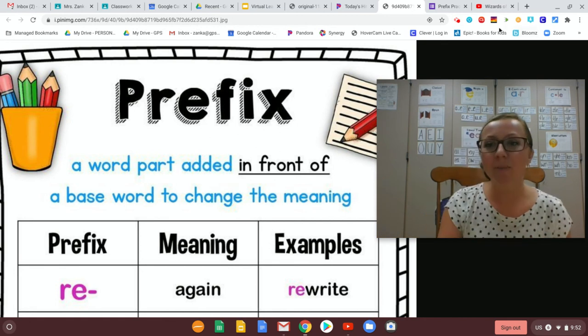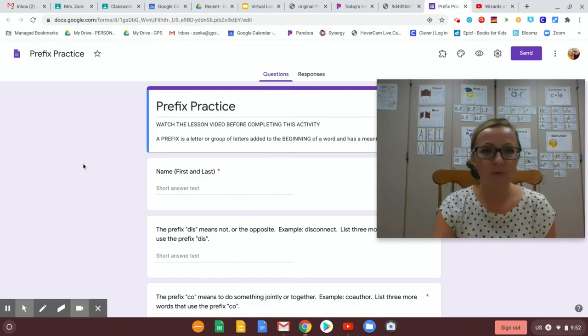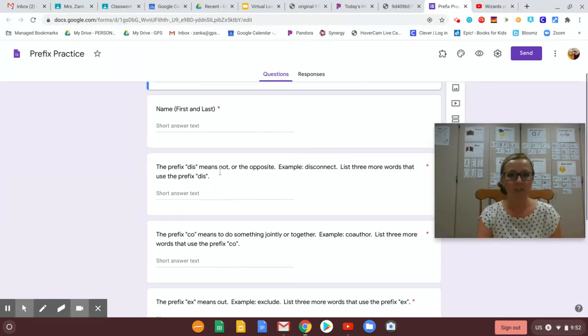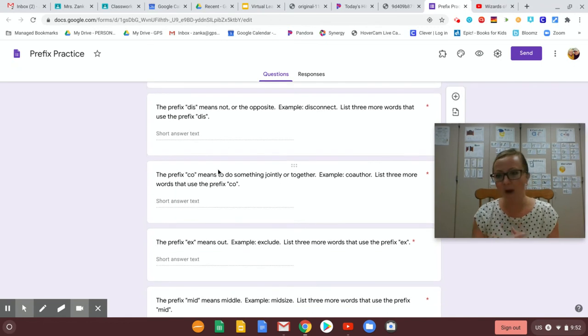All right, so let me just quickly explain to you what you're going to be doing for your assignment today. When you get on, you're going to see a form that looks something like this, and you're going to want to type in your first and last name, and then you have 5 practice questions about prefixes. So it says the prefix dis means not or the opposite of.